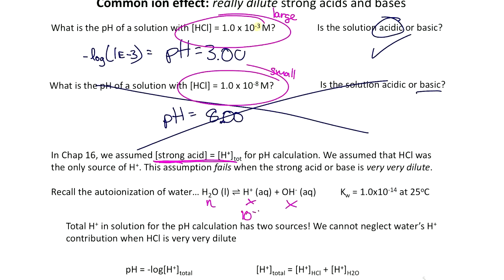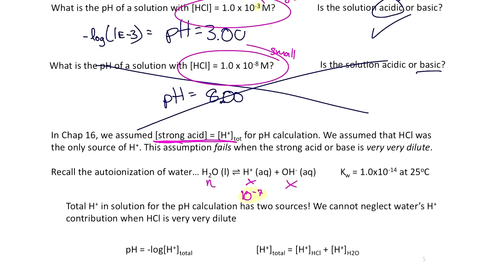So the idea here is once your concentration of added strong acid is close to 10 to the negative 7, we can no longer make the assumption that H+ at equilibrium is just HCl. When both of these numbers are similar to one another, we can't make that assumption anymore, and we have to consider water's contribution to the pH, and then hopefully we'll get a value that makes sense.